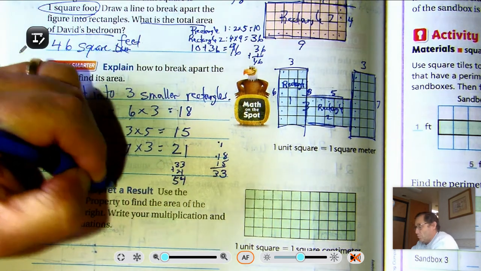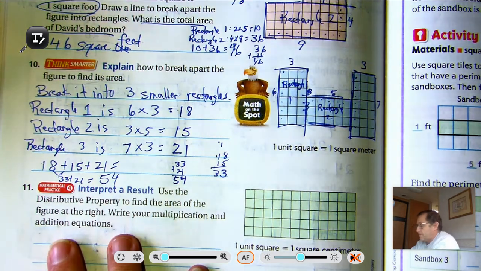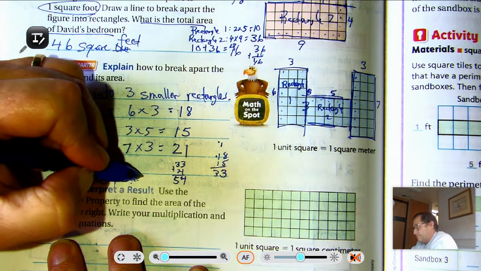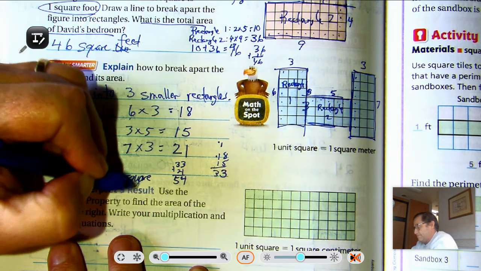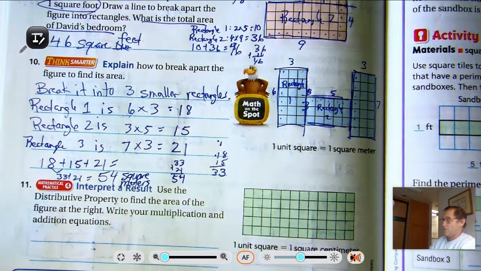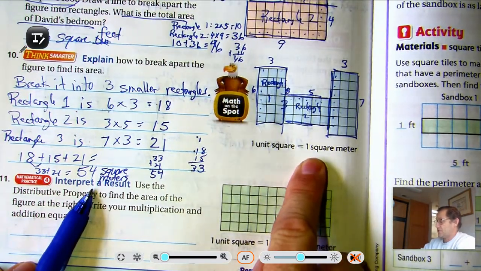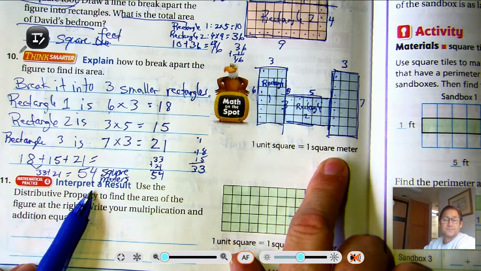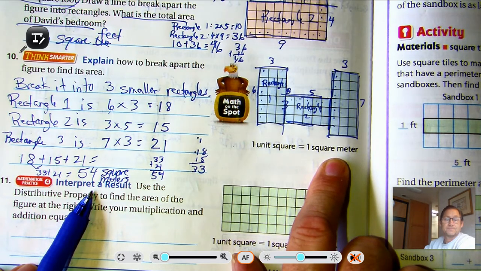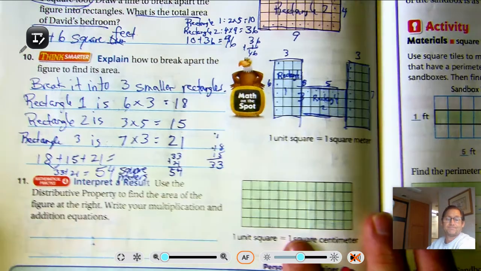So 54 square meters. How do I know it's 54 square meters? Because it tells me each square is 1 square meter. Okay.